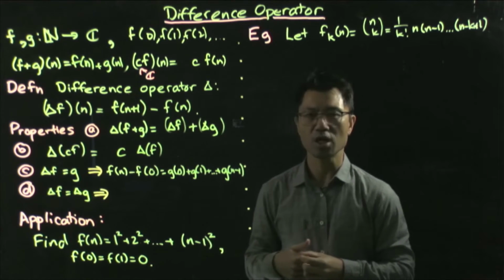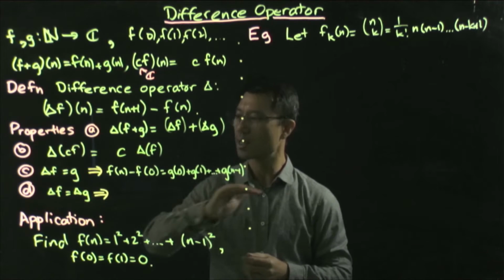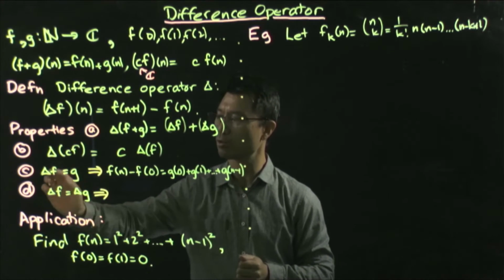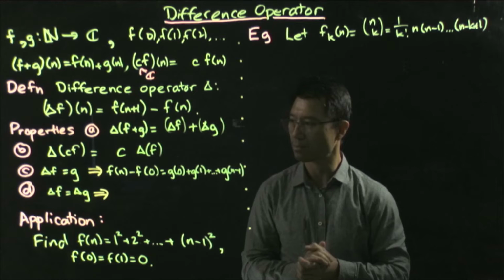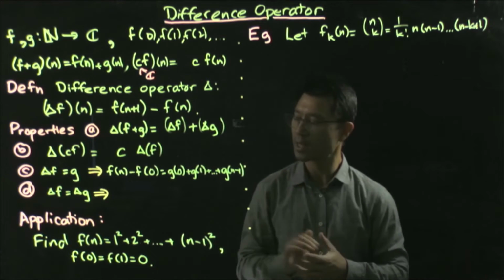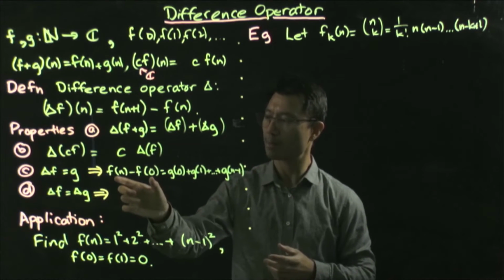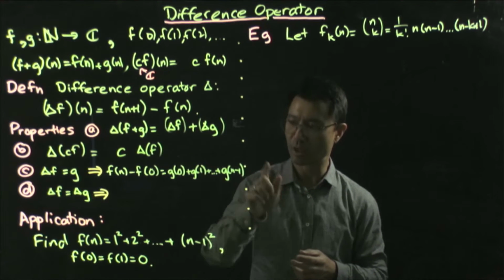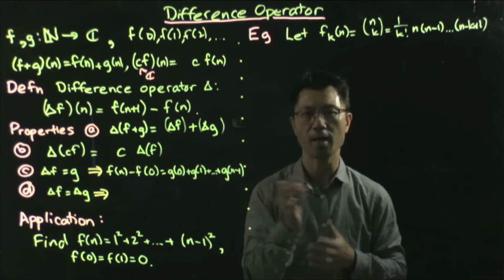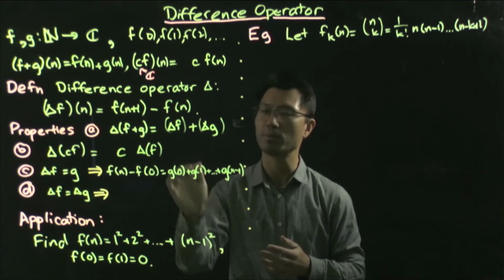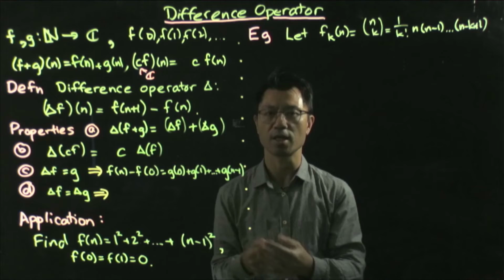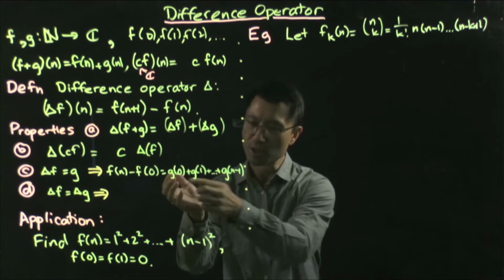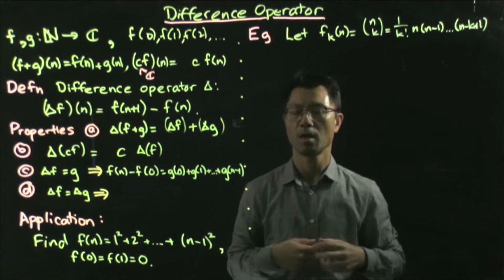So the analogy with calculus is, suppose that you know that g is the derivative of f. Then you can say what the difference is between two f values by integrating. The version of integration here is an actual sum. Normally integration is the limit of Riemann sums, and here you take the actual sum.